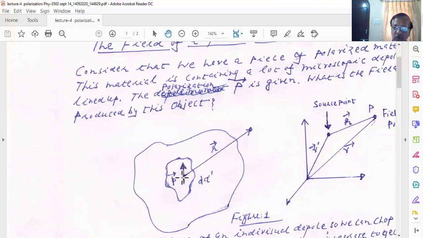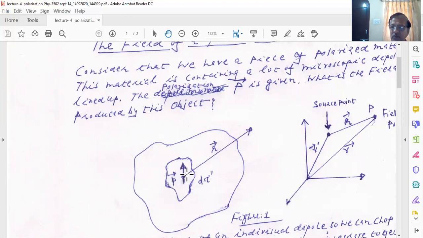So if we want to find the field at the point P because of the polarized object, first of all, we will find the field at this point because of this volume element, and then to find the total field, we will integrate the field which we have calculated for this volume element, taking the volume integration.